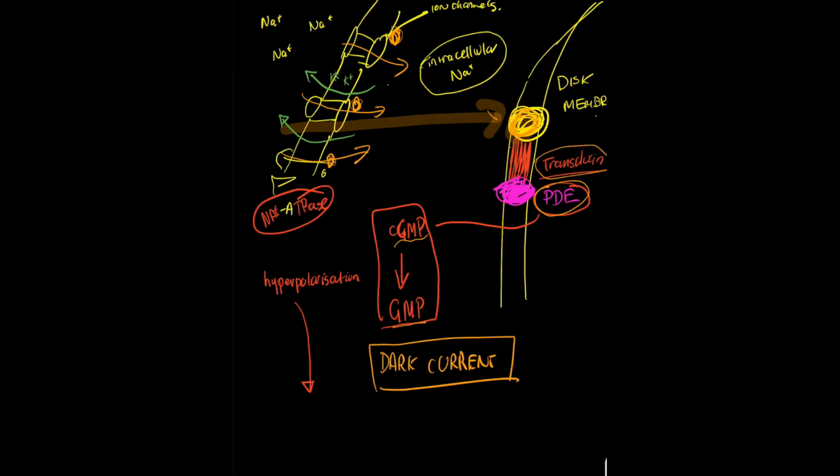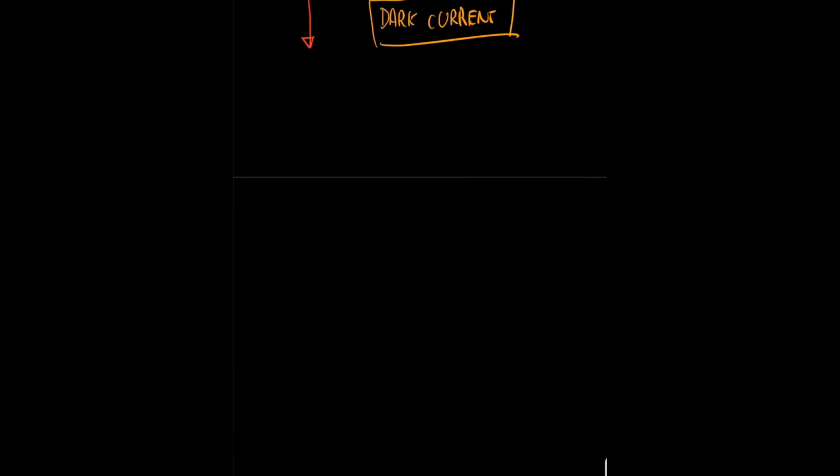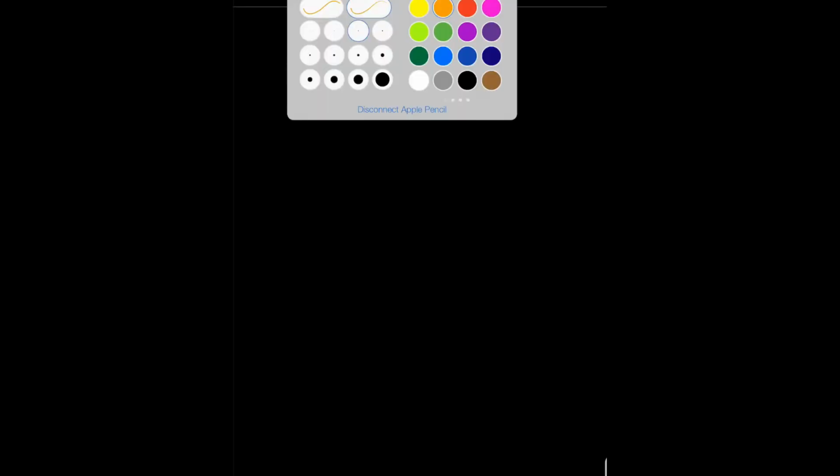Now, it's also really important to think about the level of intensity of light. And so we know that when light happens, let's say we have a flash of light, what should happen to the cell is something like this. Normal, normal, normal.